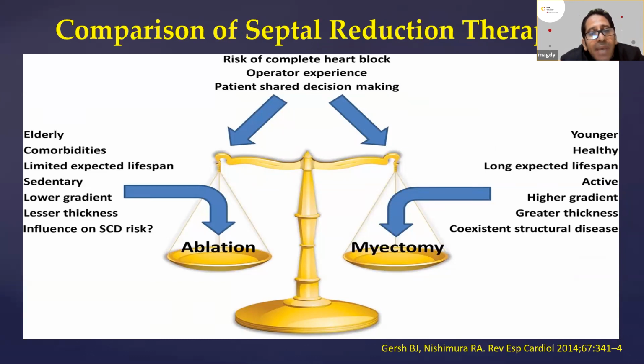However, the impact on the risk of sudden death is not good compared with septal myectomy, which is the gold standard treatment for patients who have high gradient and longer expected life expectancy. The impact on symptoms, relieving obstruction, and prevention of sudden death have been proved in long-term studies for the outcome of septal myectomy in patients with hypertrophic cardiomyopathy.